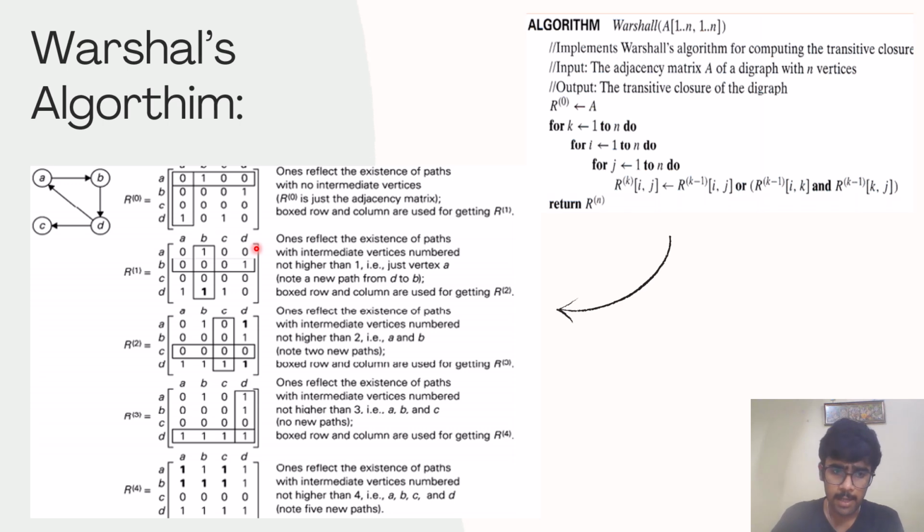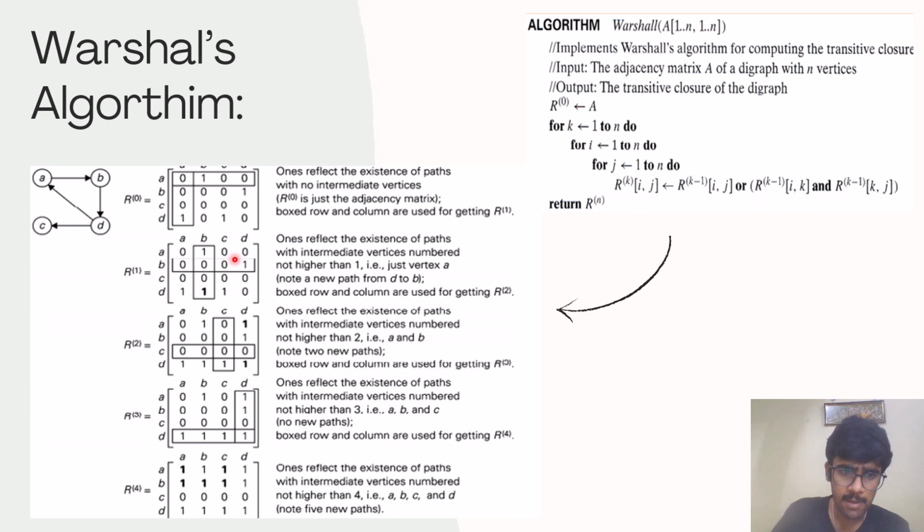For getting R2, I will place the bth row and the bth column, that is the second row and the second column, as the same in R2. Now if I want a comma a, I should take the current state, that is 0 or b comma a into a comma b, 0 into 1, the value is 0 again.